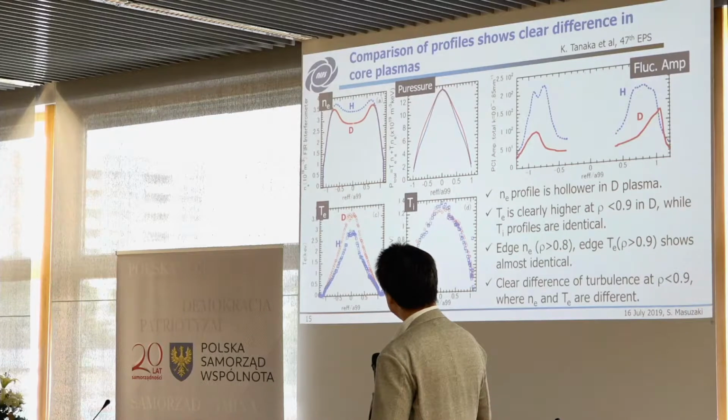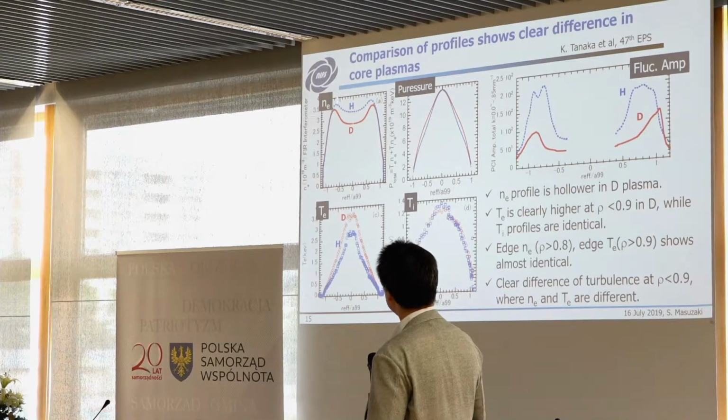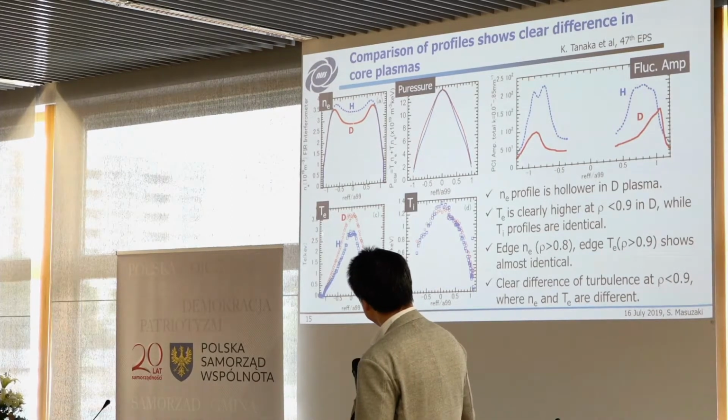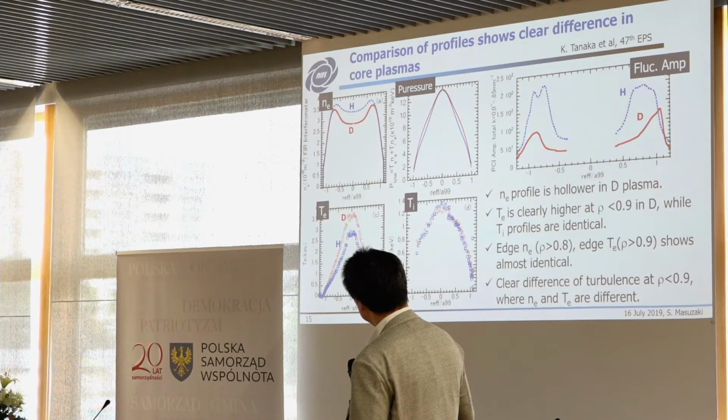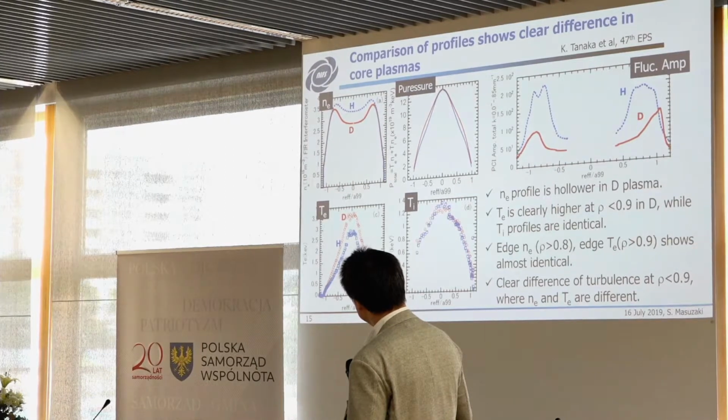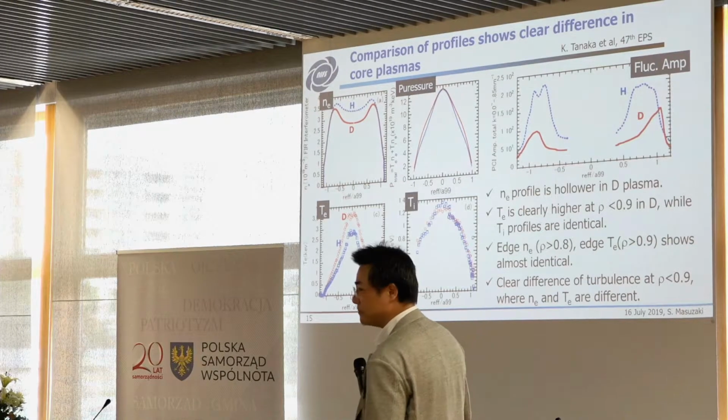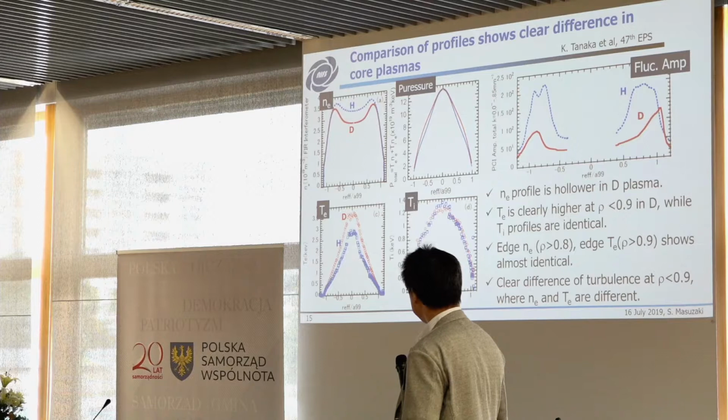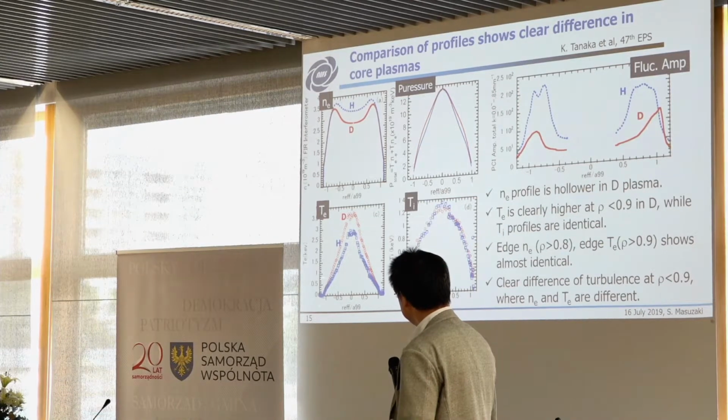You can see in the density case, the deuterium plasma is more hollow compared to the hydrogen case. And for electron temperature, the deuterium temperature is higher than the hydrogen temperature, but in the edge region, both temperatures are almost the same.